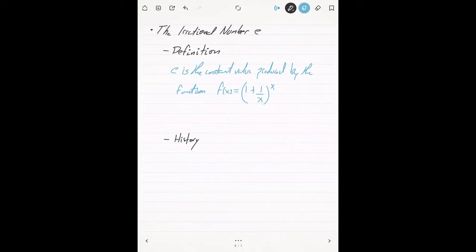So before I finish this definition, I want to reread what we have here. E, the constant e, is a constant value produced by the function f of x equaling 1 plus 1 over x to the x power, when x approaches infinity.